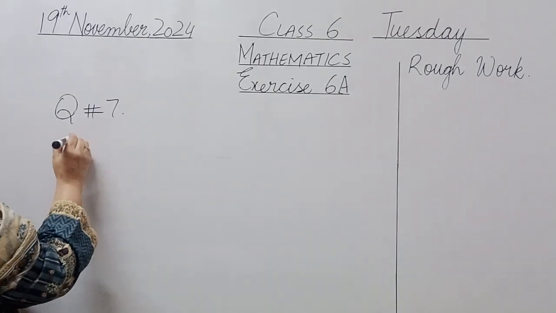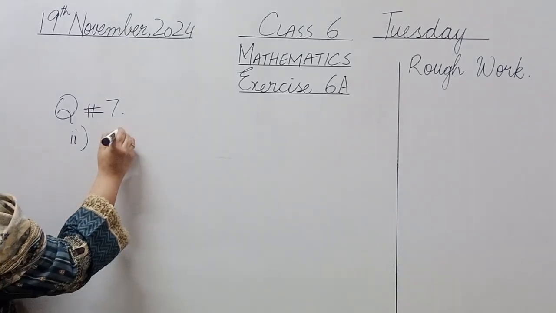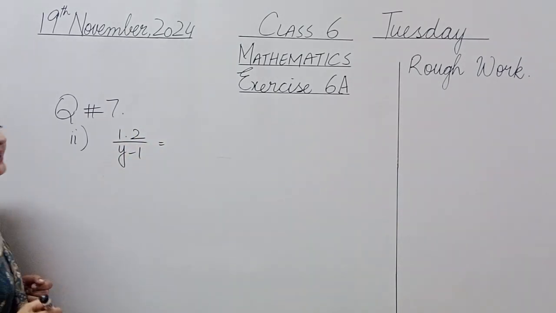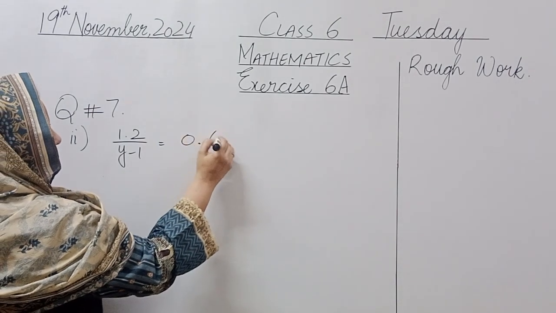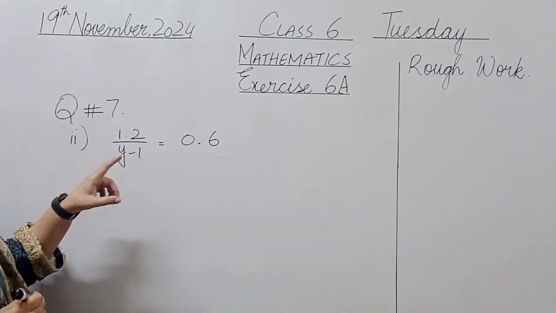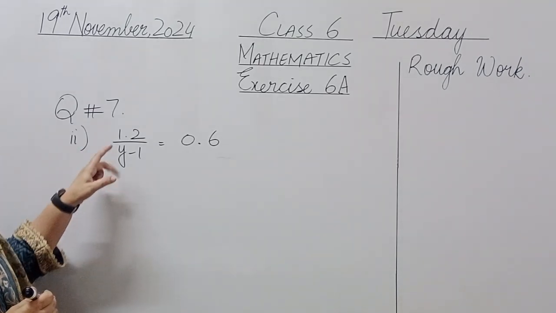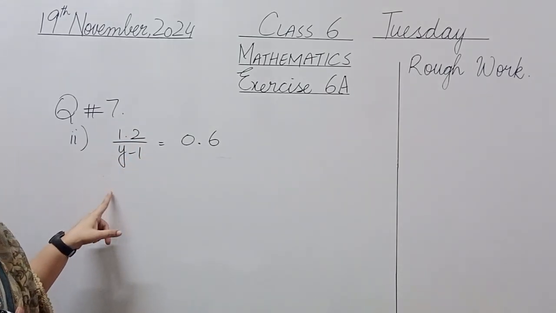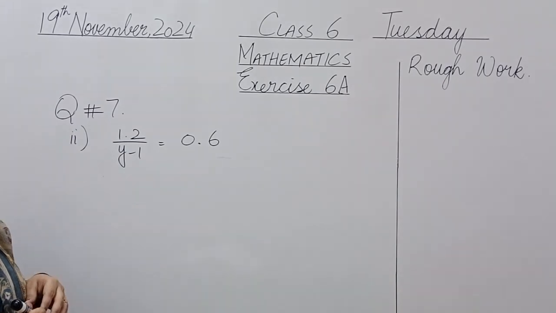Question number 7, part 2. And the question was 1.2 over y minus 1 is equal to 0.6. Now see, I had told you in my last lesson that whenever there are decimal numbers and we have to solve such expressions, we will first change the numbers into fractional form.